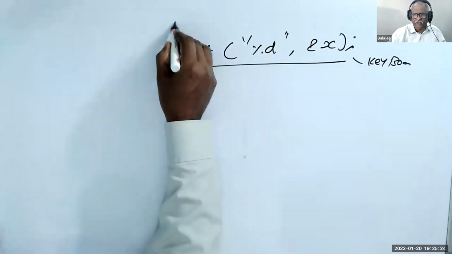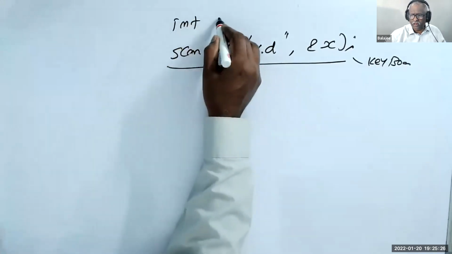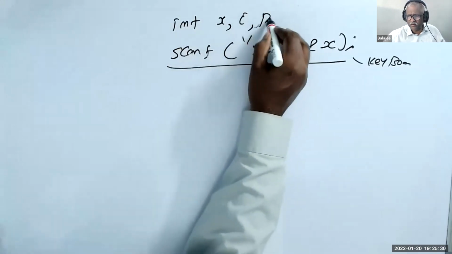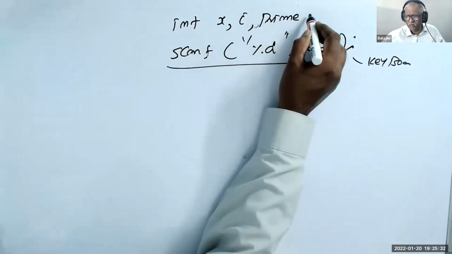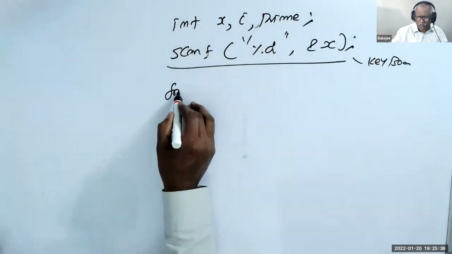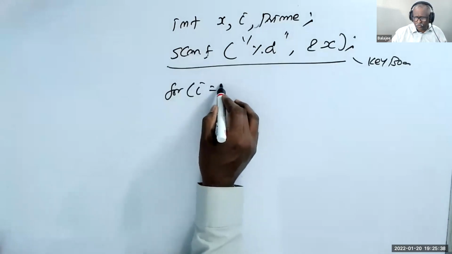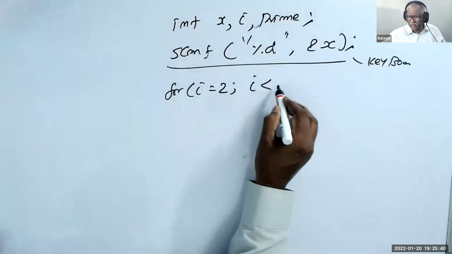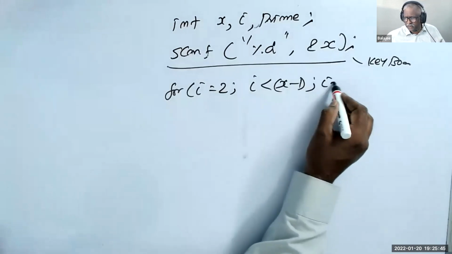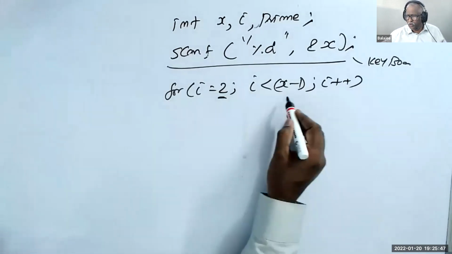And I declared int x, comma, i and prime or the flag. Now I've written a program for i equal to 2, i less than x minus 1, i plus plus, because I start from 2 to x minus 1.